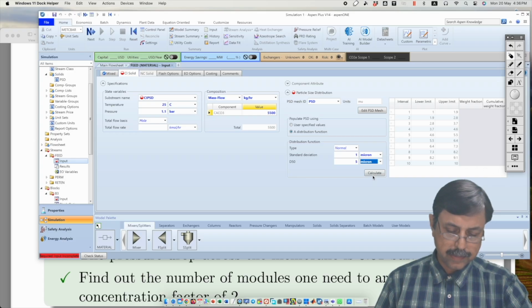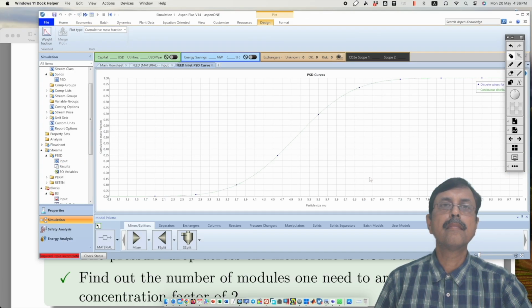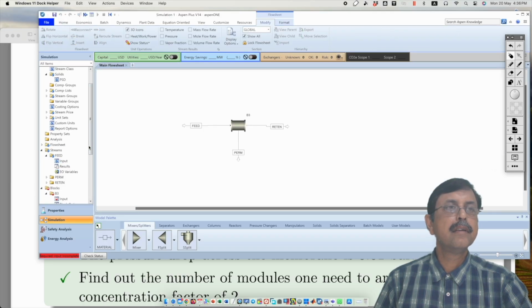And calculate. Okay, so it is distributed from 1 to 10. So we have got the PSD curve. So feed input is set.